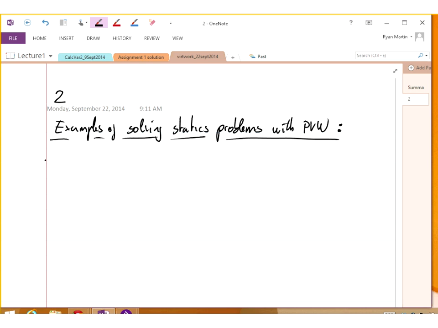So let's start with the example that's in the notes, which is example 3.3.